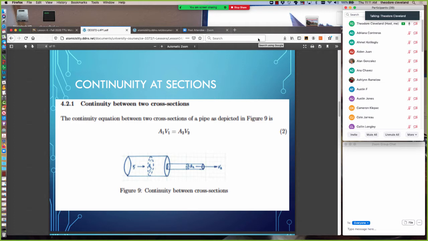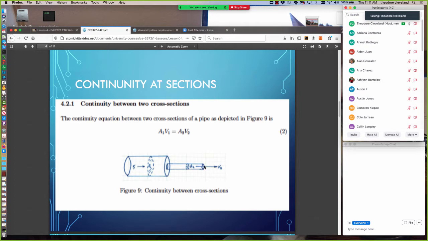And how that becomes manifest is in this diagram here, where we have a large diameter pipe, in this case connecting to a small diameter pipe. The volumetric flow rate in the two must be the same by the principle of continuity or the conservation of mass.